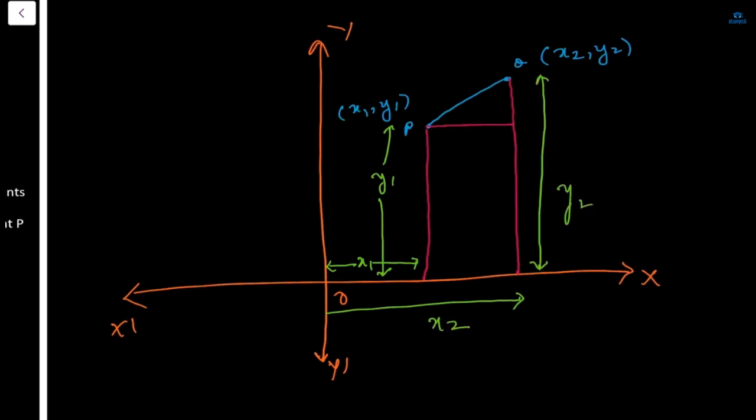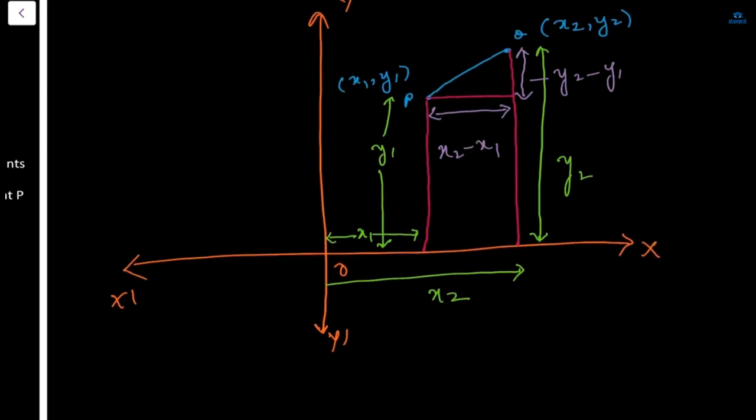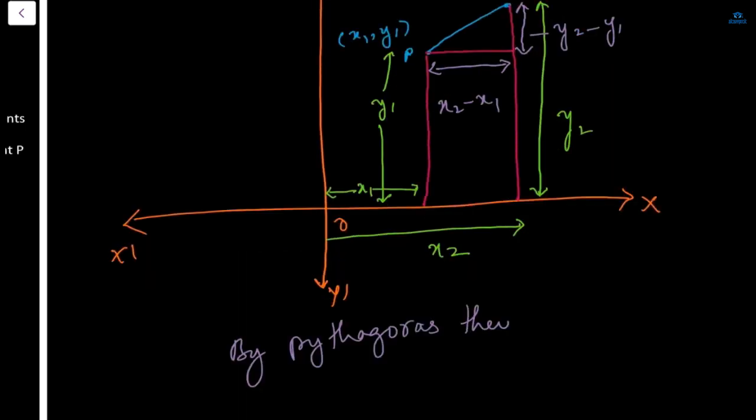Now this particular distance, what will it be? Since the bigger distance is x2, it will be x2 minus x1. Similarly, this distance will be y2 minus y1. Now, to find the distance PQ, we are going to apply the Pythagoras theorem.